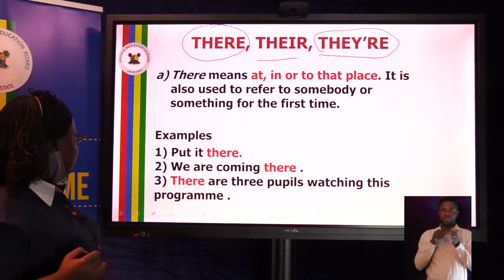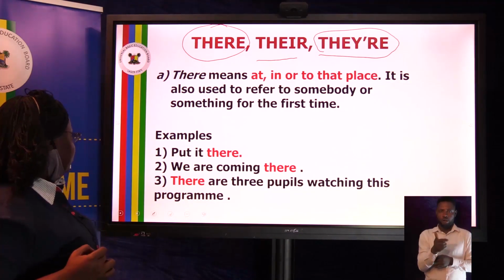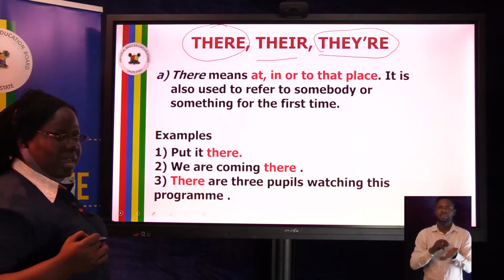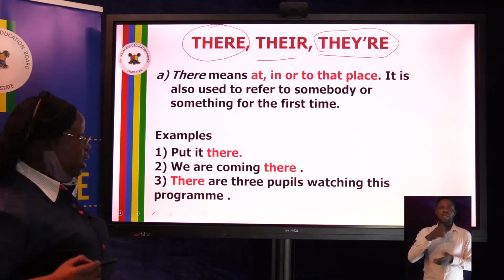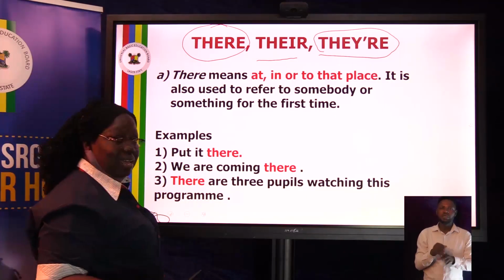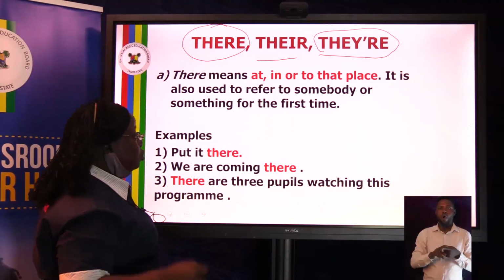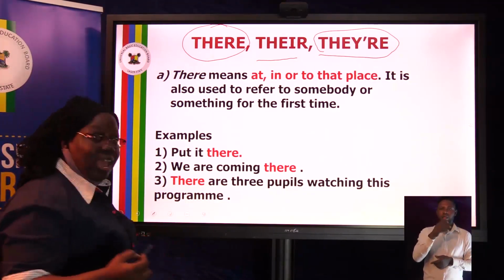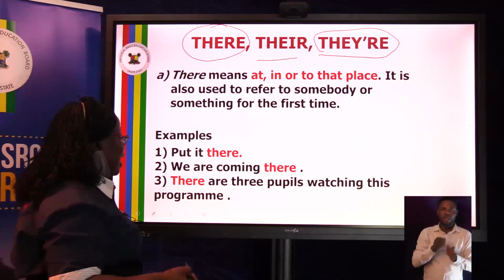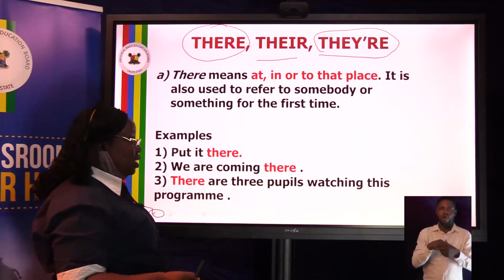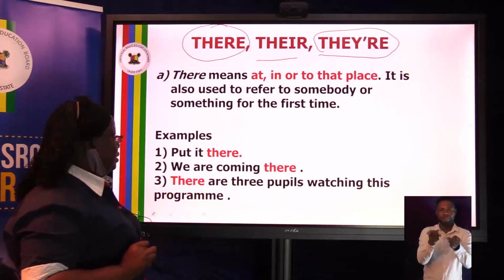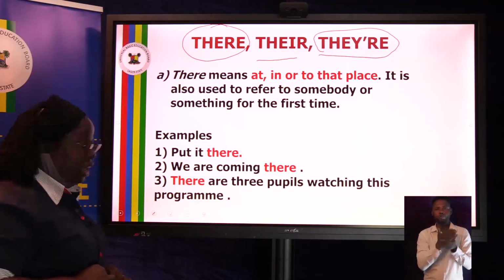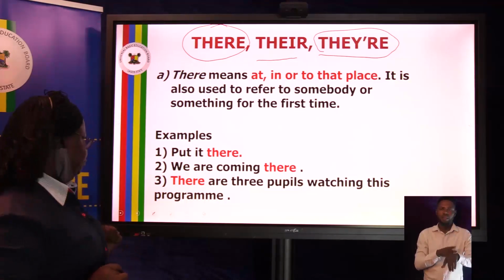Now, let's explain it one after the other. There means at. That is T-H-E-R-E. It means at, in, or to that place. It is also used to refer to somebody or something for the first time.